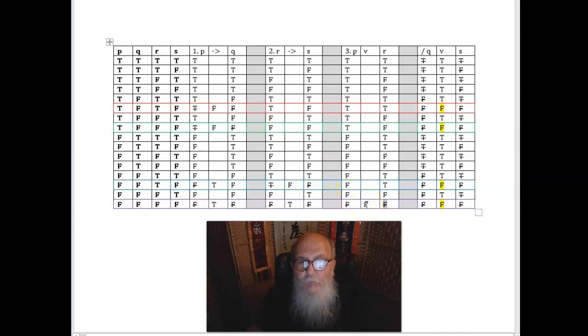So in my explanation, I would say when we analyze this argument form with a truth table, we find it's impossible to have all true premises and a false conclusion. There's no line in the truth table where we have all true premises and a false conclusion, and so this argument form must be valid.